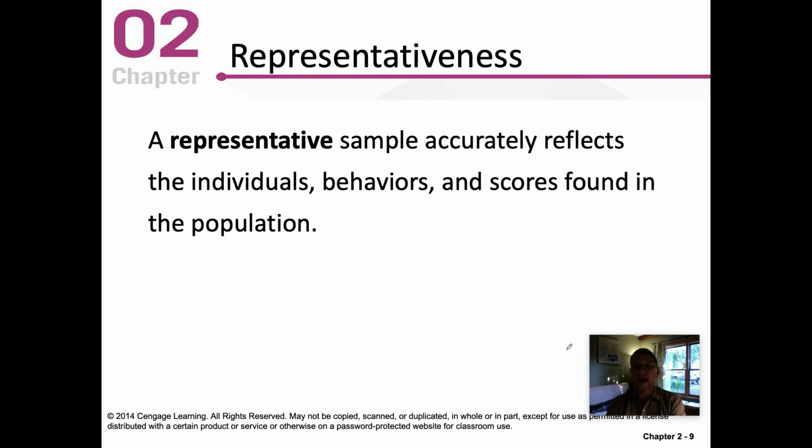You have to have a representative sample to accurately reflect the individuals, the behaviors, and the scores that are found in a population. This is a big issue when it comes to certain statistical tests like polls.